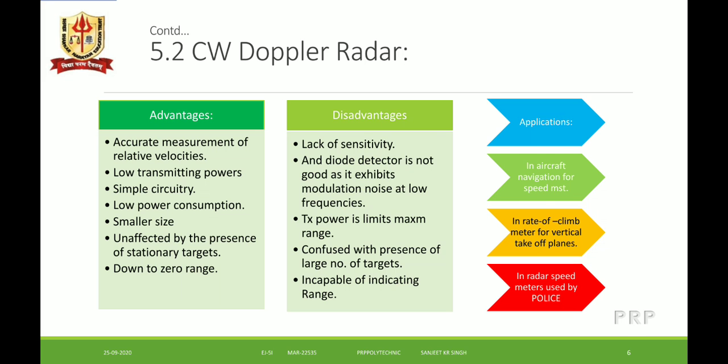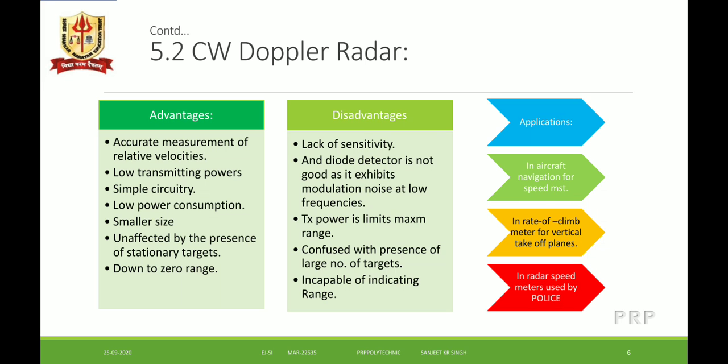It can detect a large number of stationary targets, but it may get confused, so that comes under the drawback. And it can measure relative velocities or speed down to 0 range.